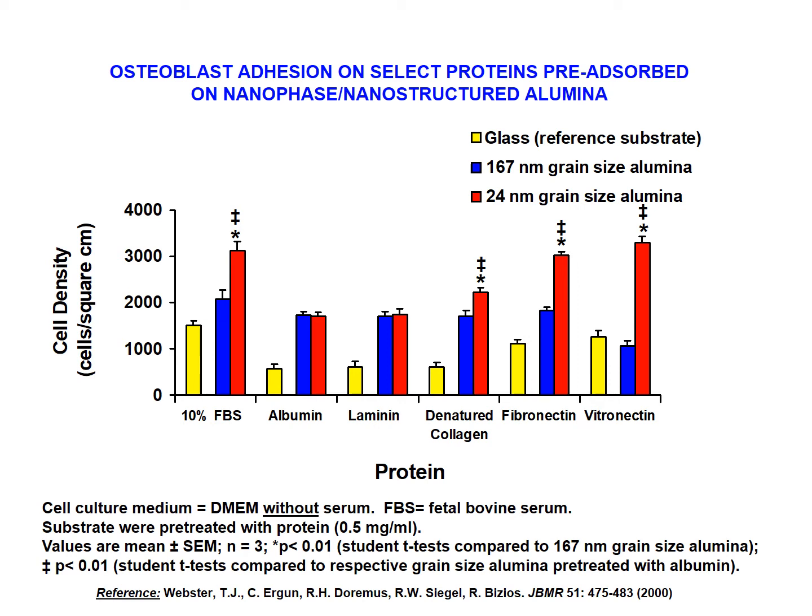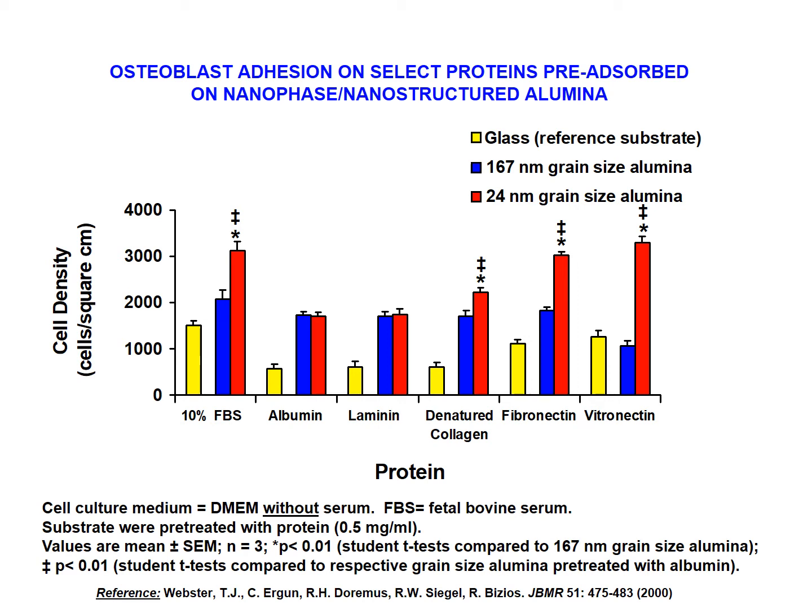In all three cases, the red bars show enhanced number of osteoblasts adhering on the nanostructure versus the respective conventional substrates. Conventional substrates, again, shown as blue bars. Red bars represent the cell adhesion on the nanostructure substrates.